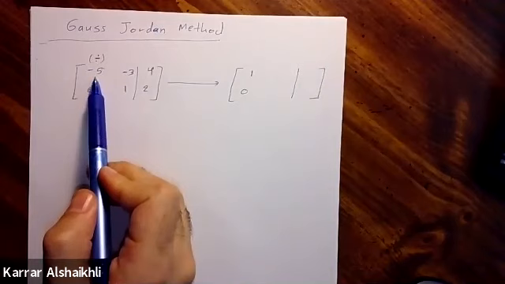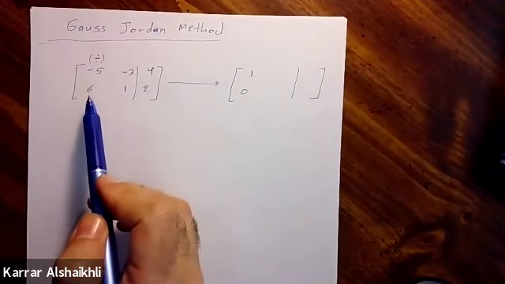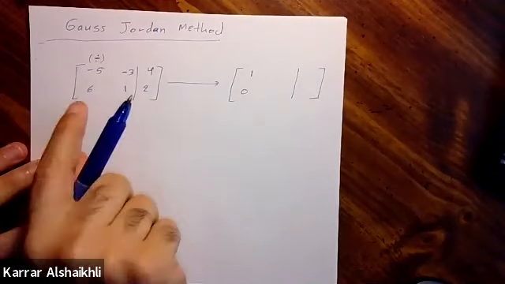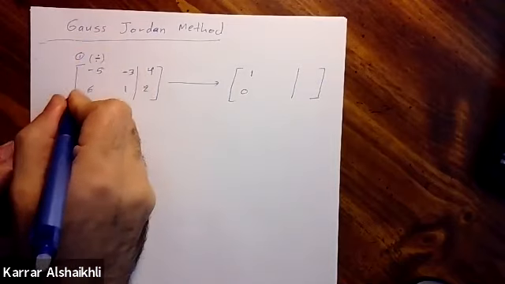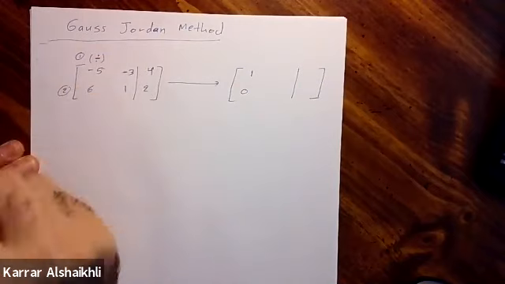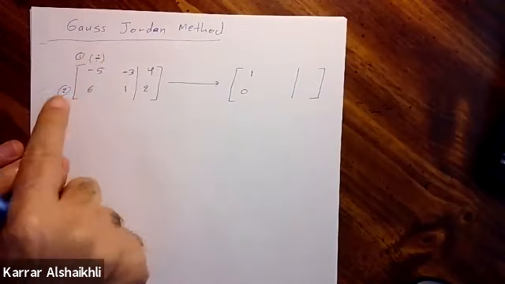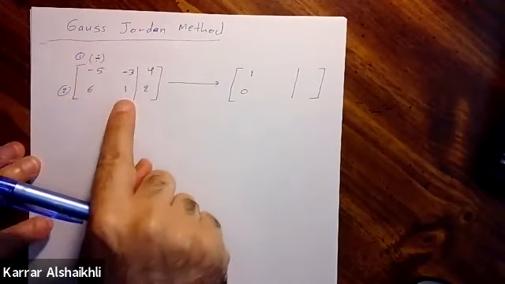Convert this number to 1, then convert this number to 0. Then this is step 1 here. Step 2 is going to be here. Like walking from this one to this one. Step 3 to this number.